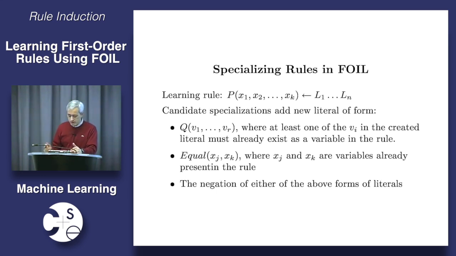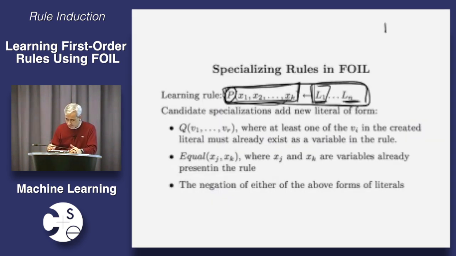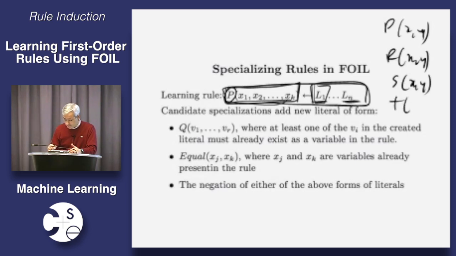Let's suppose, for example, that in my database, I'm trying to predict P of xy, and I also have something like, r of xy, s of xy, and t of xy, right? So my database consists of 4 binary relations. Again, they could have many arguments, but for simplicity, they just have 2, right? And I'm trying to learn to predict P as a function of r, s, and t.